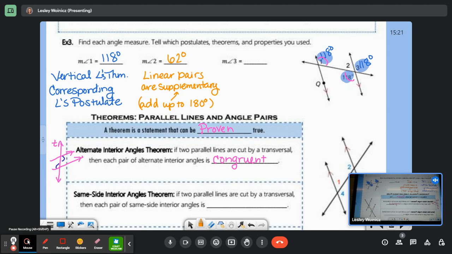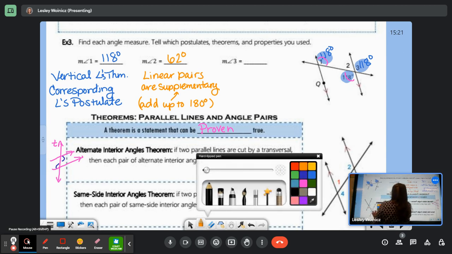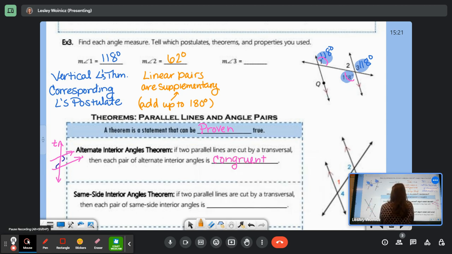All right, what about the measure of angle 3? We already did that one. We should have renumbered these angles. 118, why? Well, if we just use the given angle, what is angle 3 compared to the 118 that they gave us?